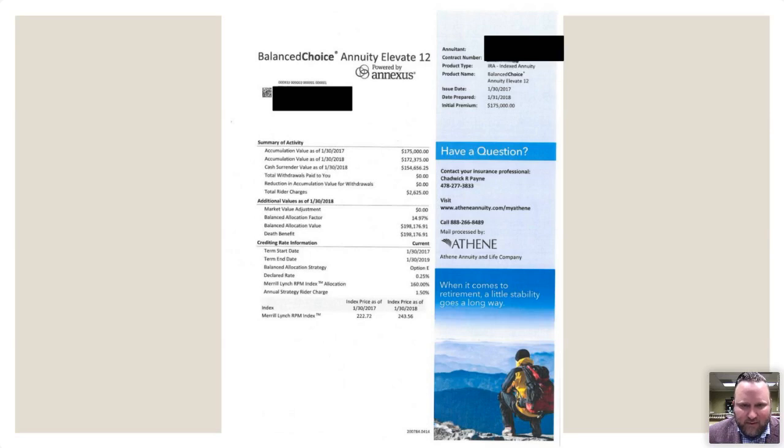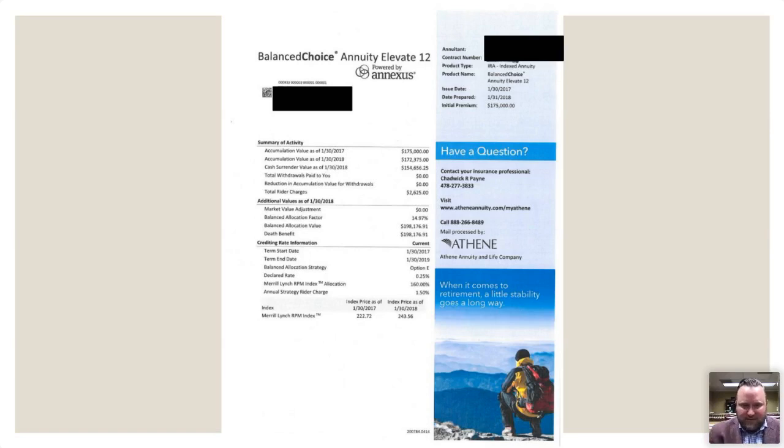The statement we're looking at is in 2018, so it's in the middle of that term. So the balanced allocation value is $23,000 higher than the accumulation value because we haven't reached the 2nd year anniversary date yet. When it reaches the anniversary date of 1/30/2019, those gains get locked in.